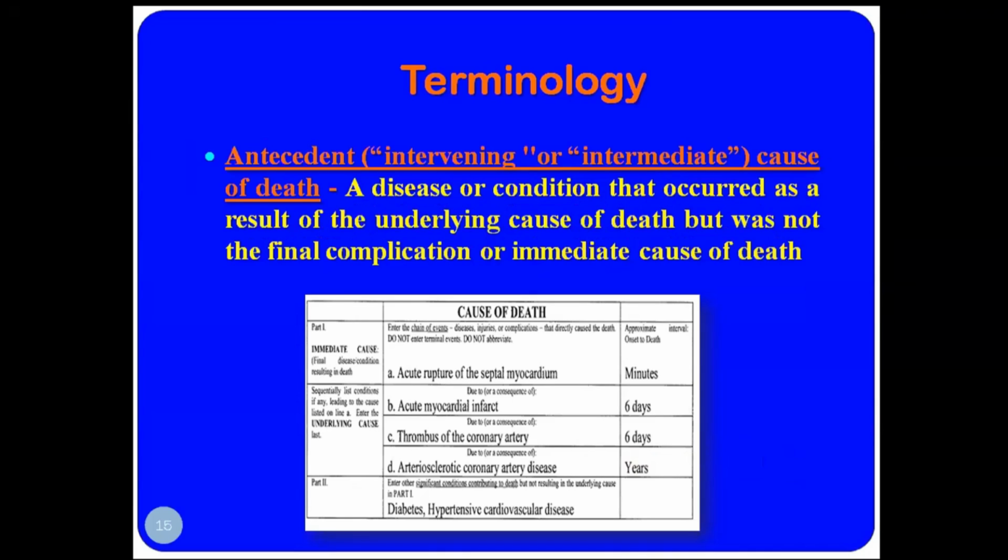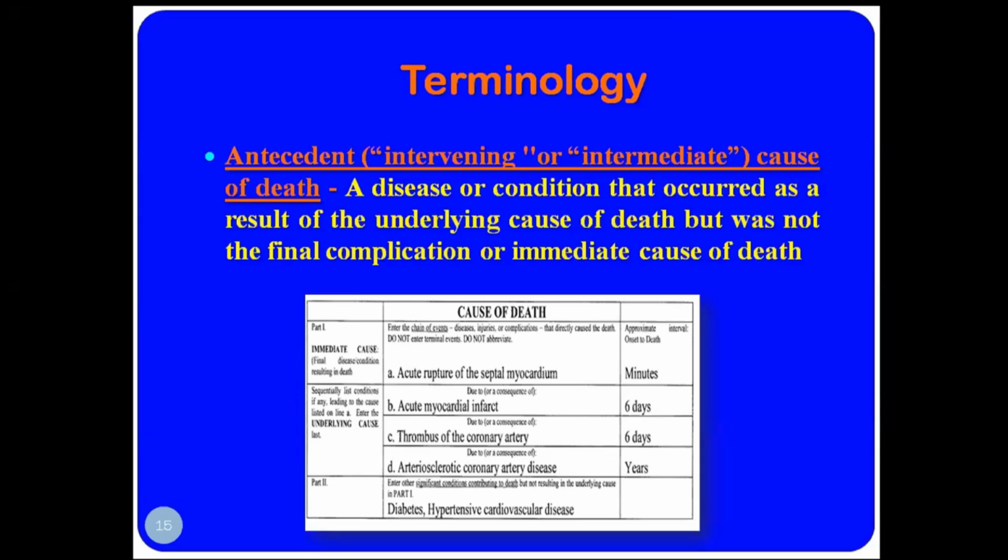So there has to be some relationship between the underlying cause and the antecedent cause, but it was still not the final complication or the immediate cause of death. Antecedent means it has a direct relation with the underlying cause of death, but it should not be the final complication or the immediate cause of death.